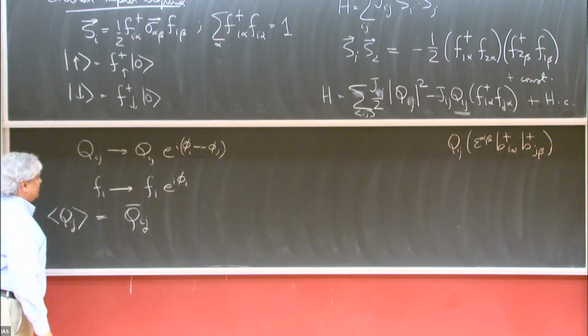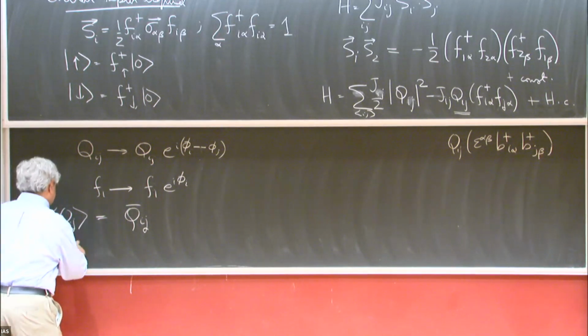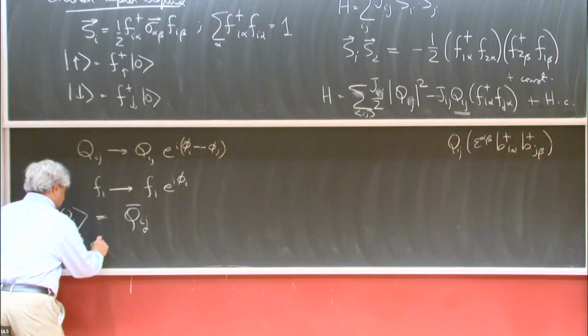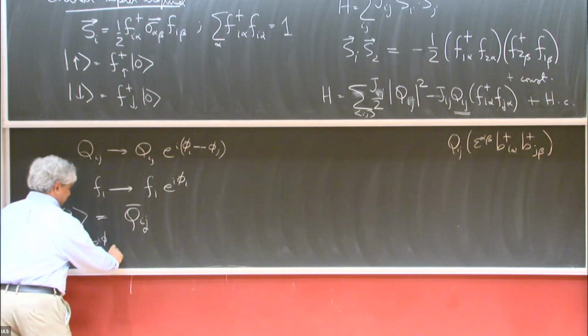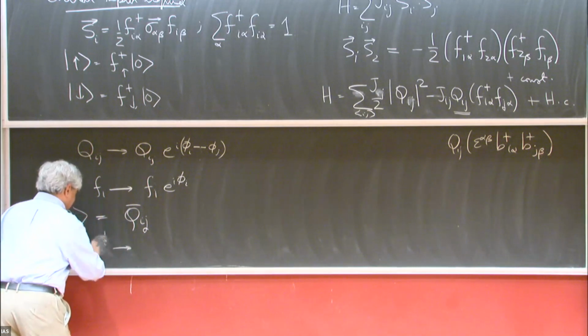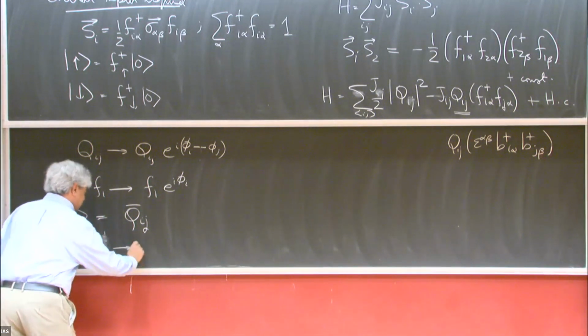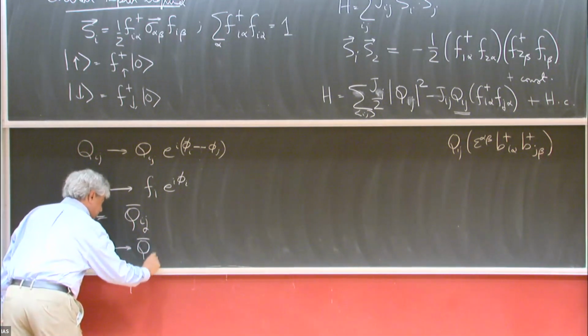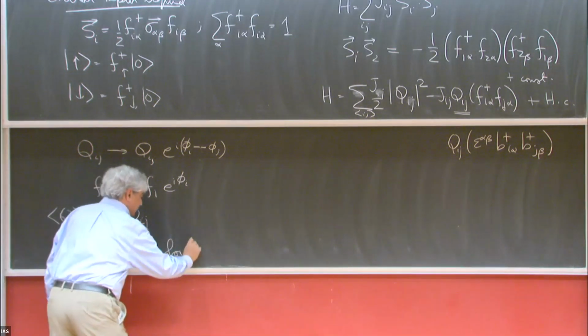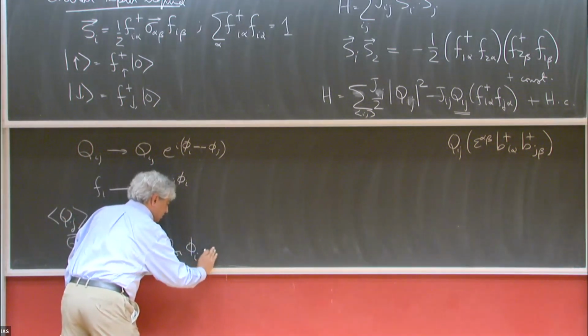If I make a global transformation phi that doesn't depend on sites, Q bar ij just goes to Q bar ij.